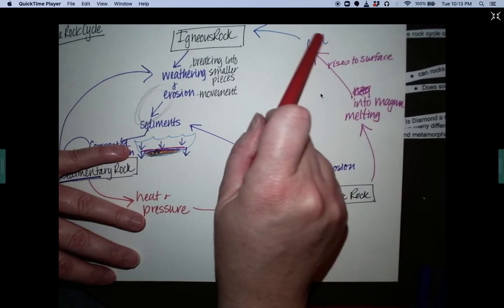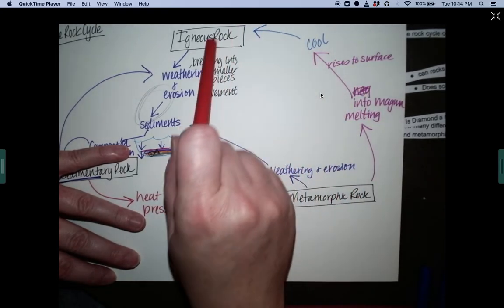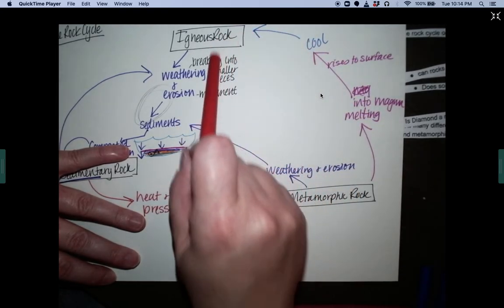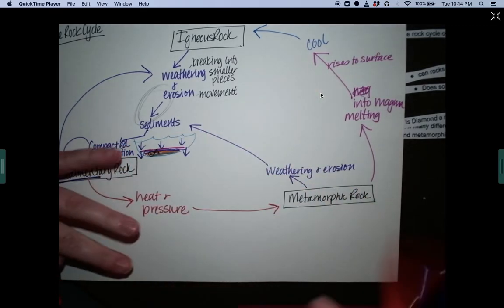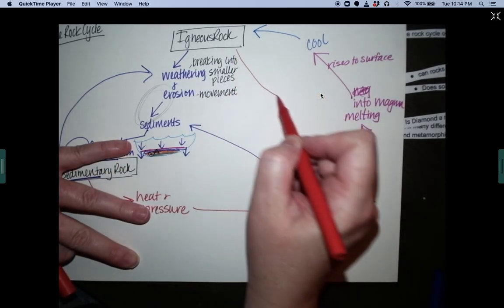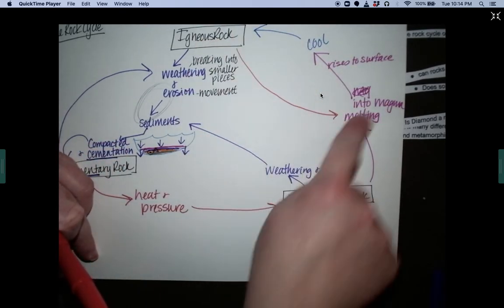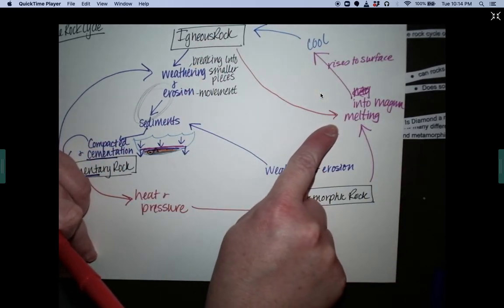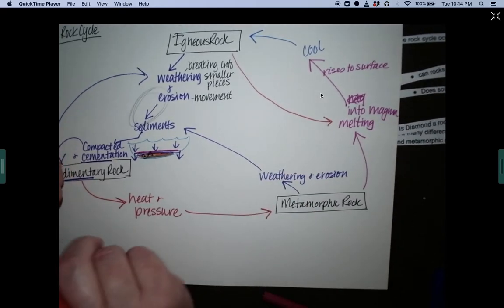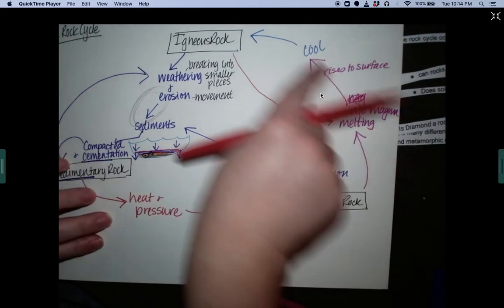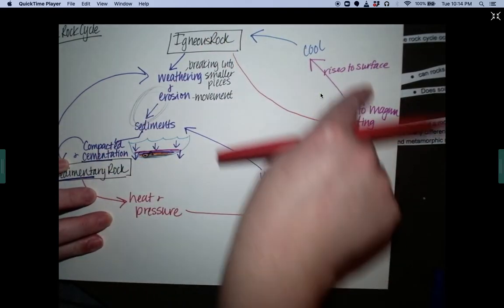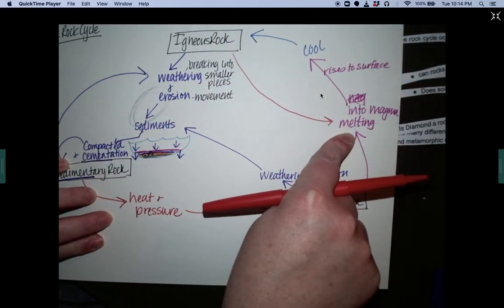But it's going to remelt and cool, and become igneous rock and remelt and cool, so it is totally possible for it to do this. So in Hawaii, especially, or places with very active volcanoes, you may have rocks that stay in this part of the rock cycle for millions of years.